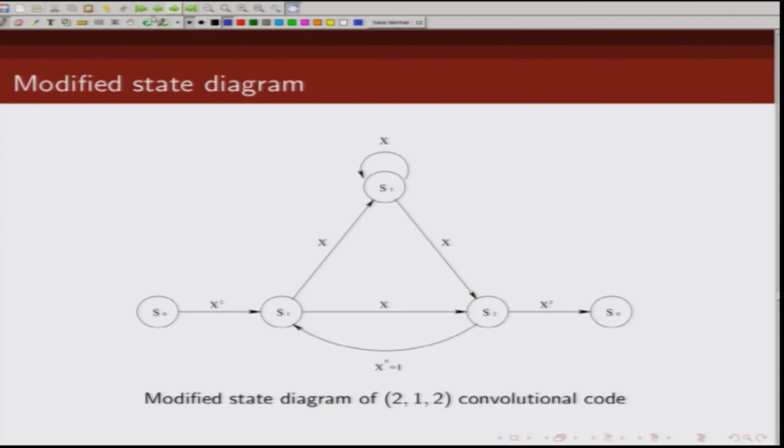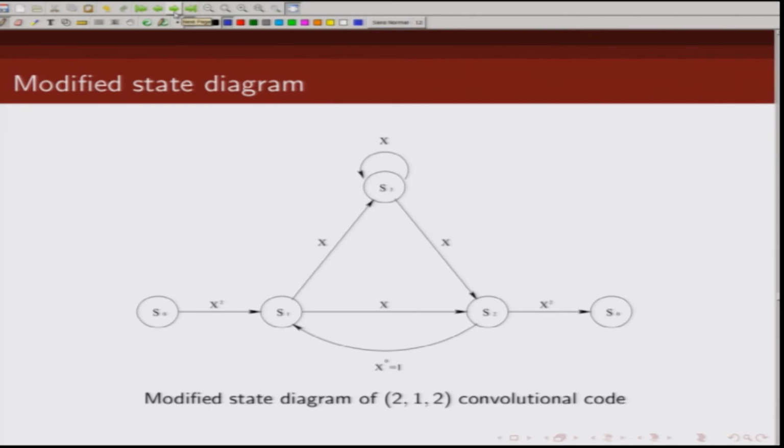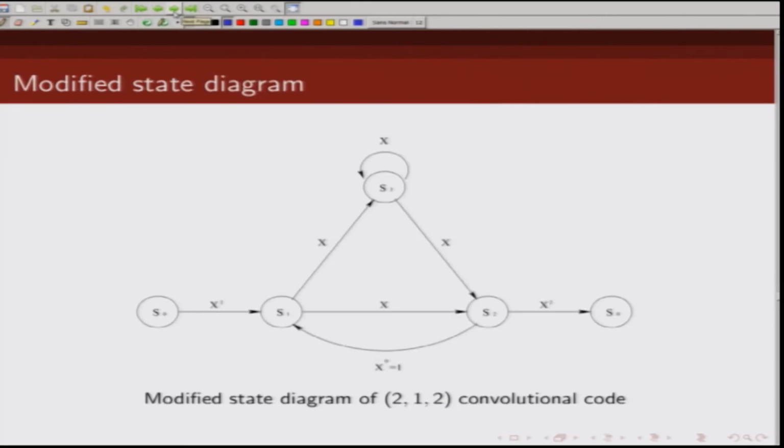From this state you are going to this 1 1 state and the branch is labeled by x. From this you are going to this 1 1 state and it is labeled by x. Around this state 1 1 there is a loop which has weight x.